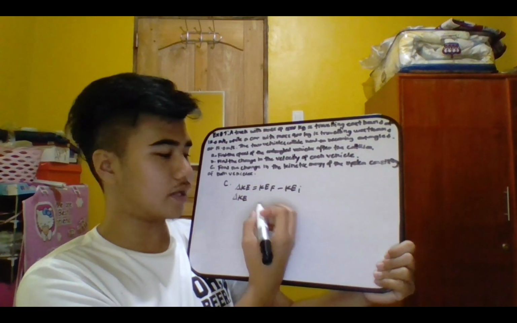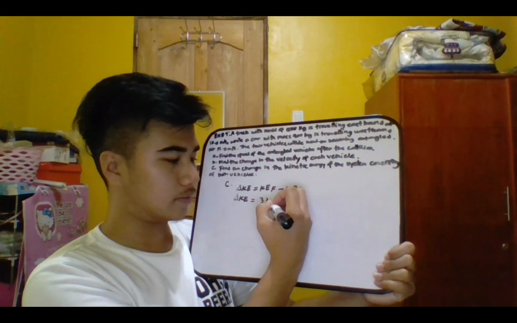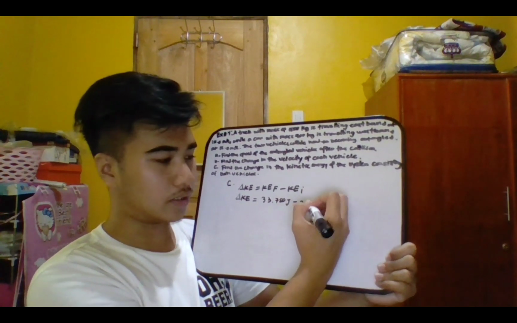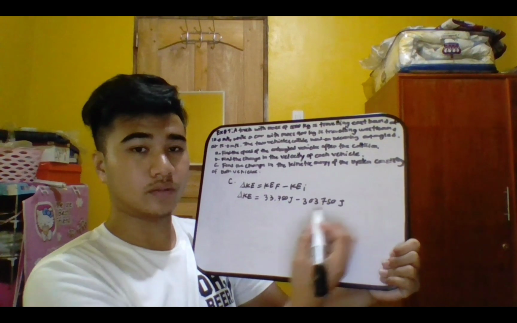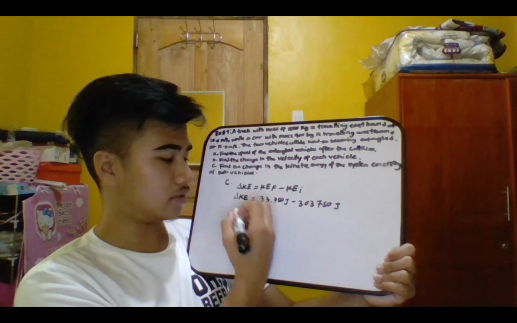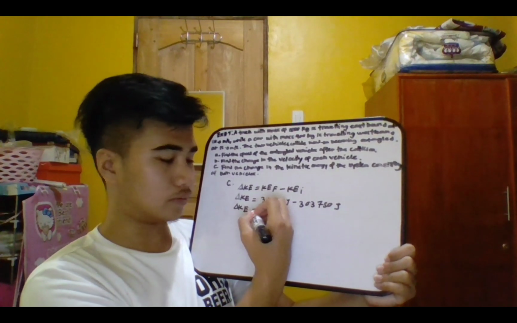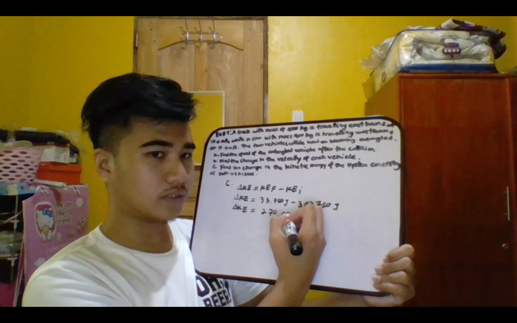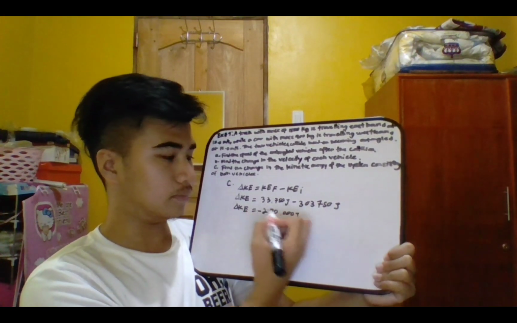We substitute the values: 33,750 joules minus 303,750 joules. By calculating, the change in kinetic energy is equal to negative 270,000 joules.